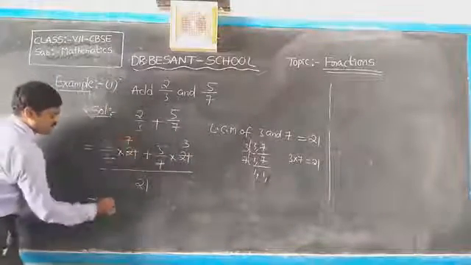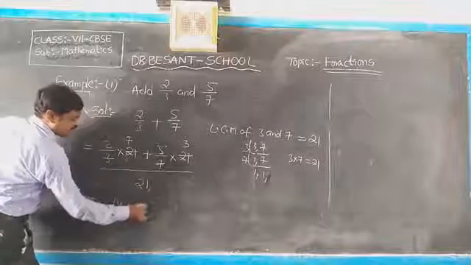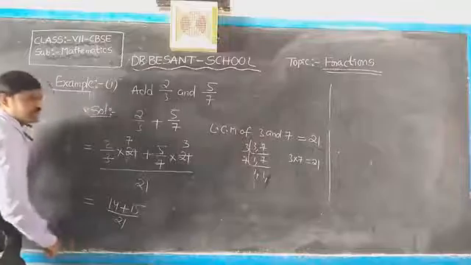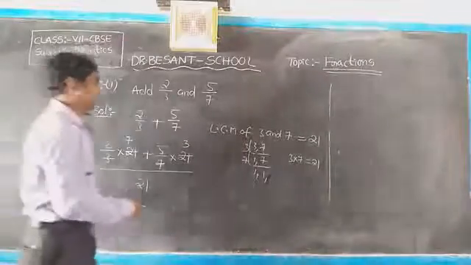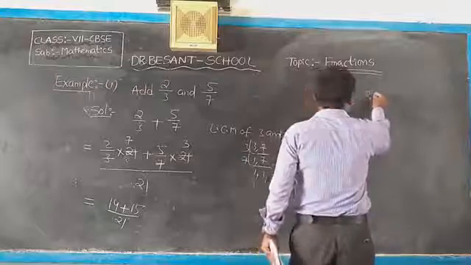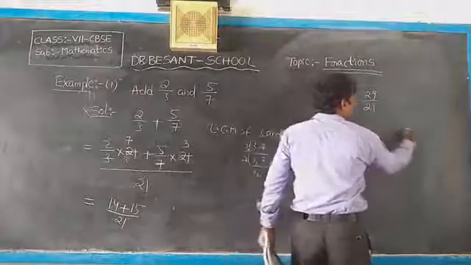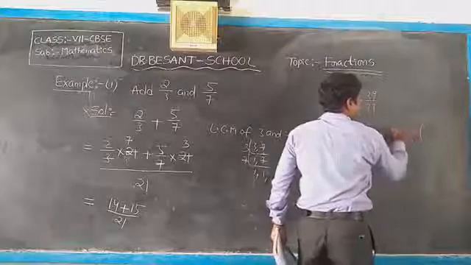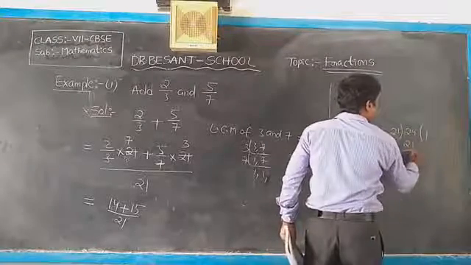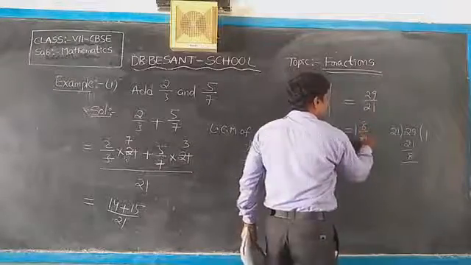So 2 sevens are 14 plus 5 threes are 15, by 21, that is 29 by 21. Now the same process: 21 ones are 21, remainder 8, so 1 and 8 by 21.